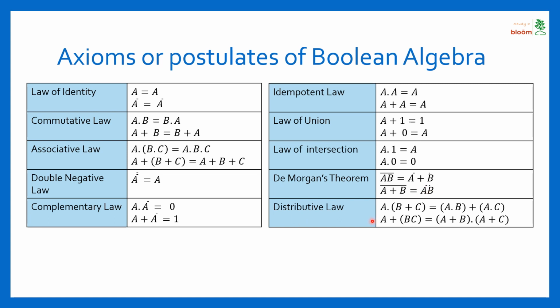Then the distributive law is like A and B plus C. Here we can multiply AB, here AC.